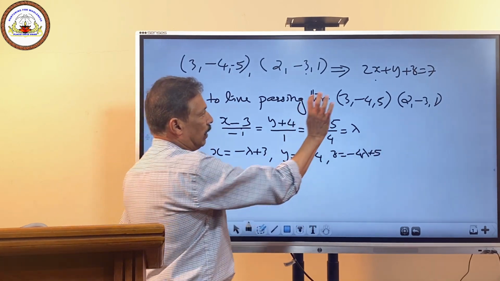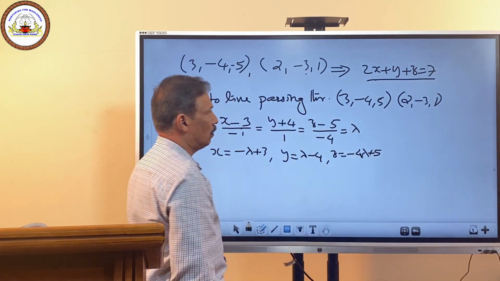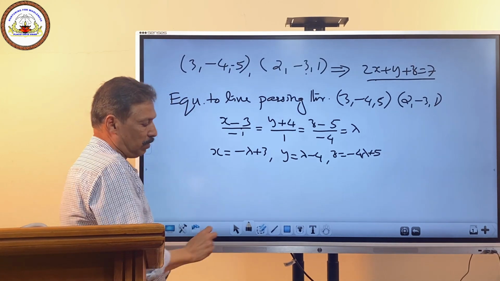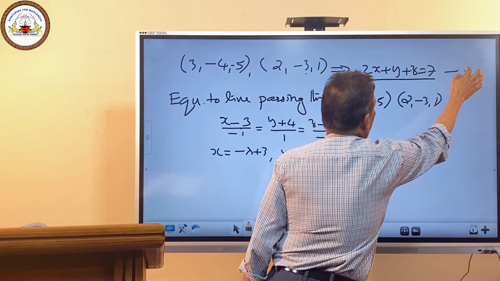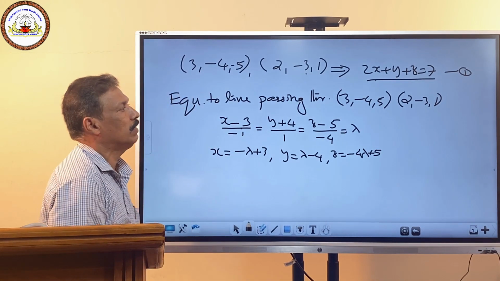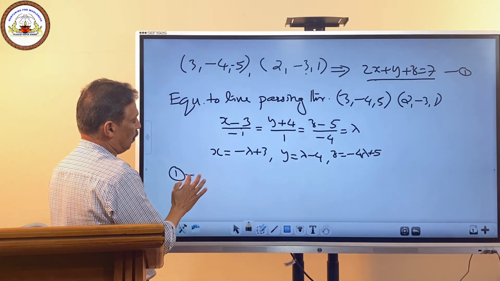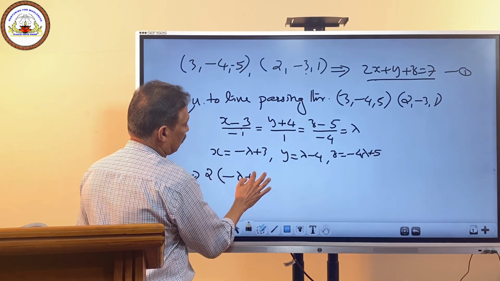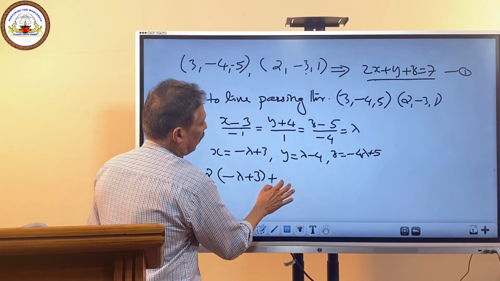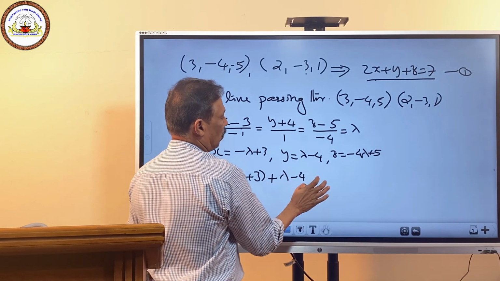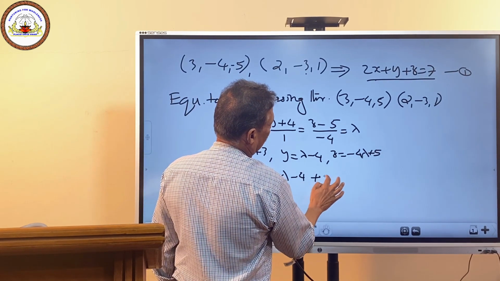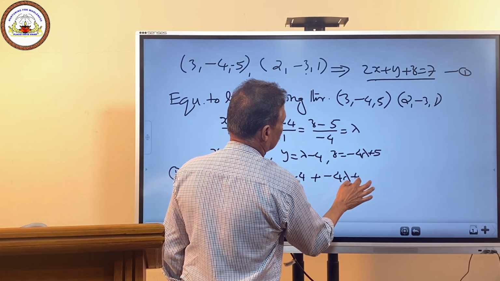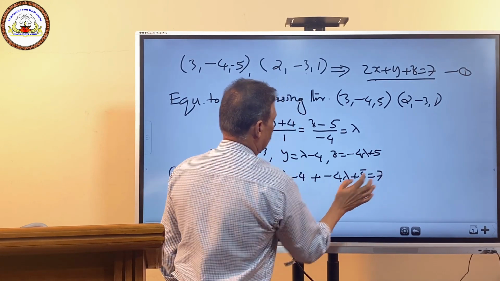This point lies on this plane, so this is equation number 1. Then substituting this point in 1 implies 2 into minus lambda plus 3, plus lambda minus 4, plus 6 lambda minus 5, that is equal to 7.